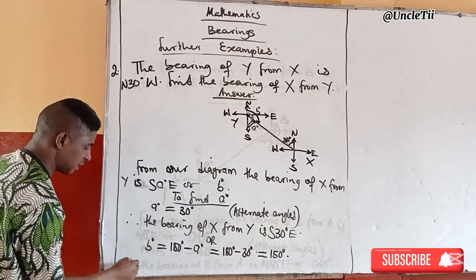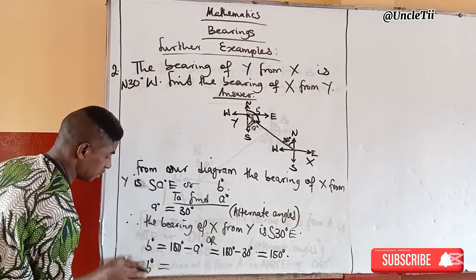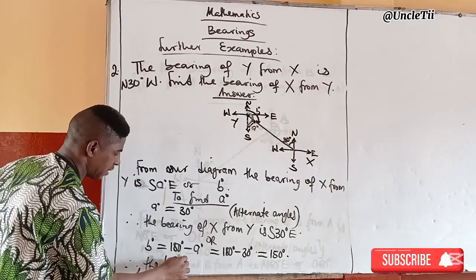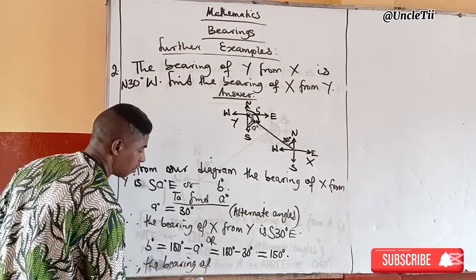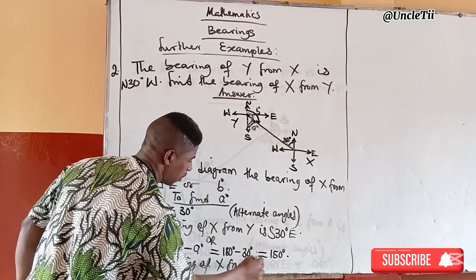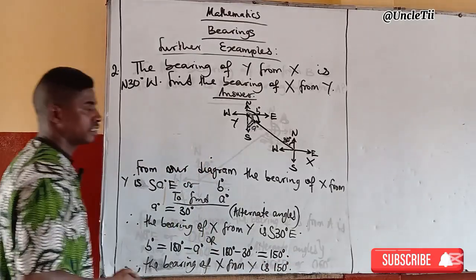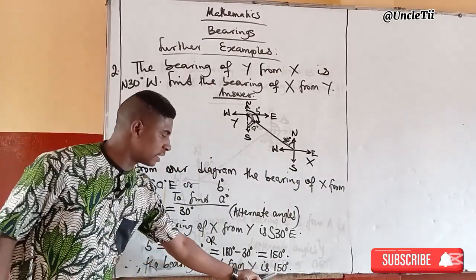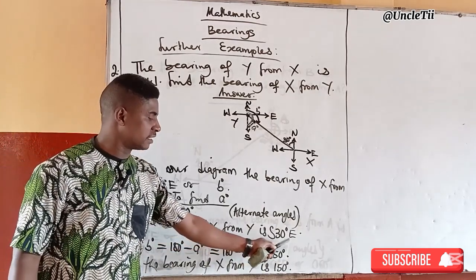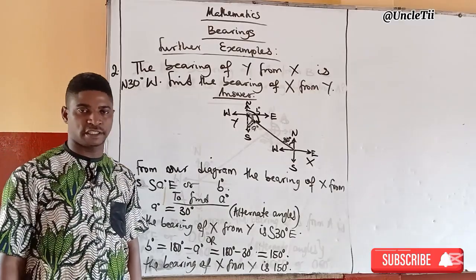So, as surveyor's bearing, therefore, the bearing of x from y is 150 degrees. So 150 degrees as surveyor's bearing, 30 degrees east of south as compass bearing.